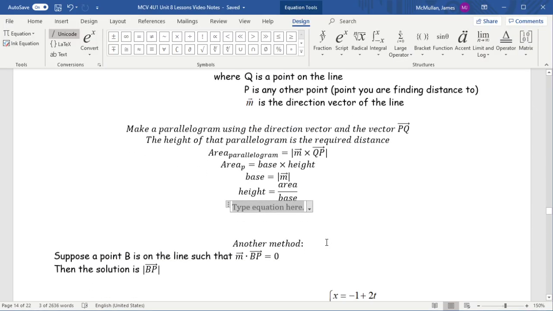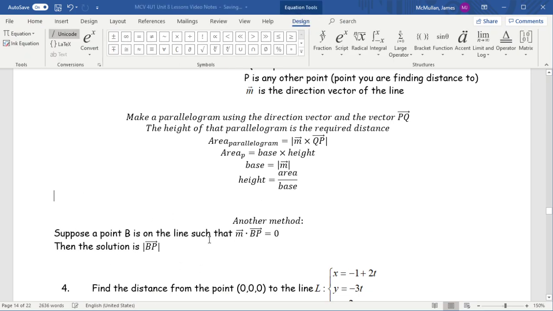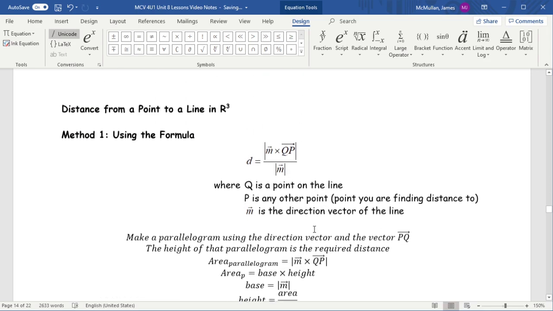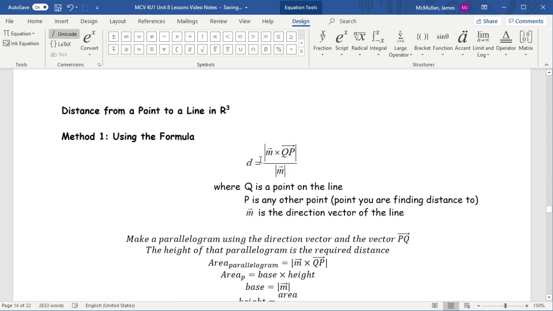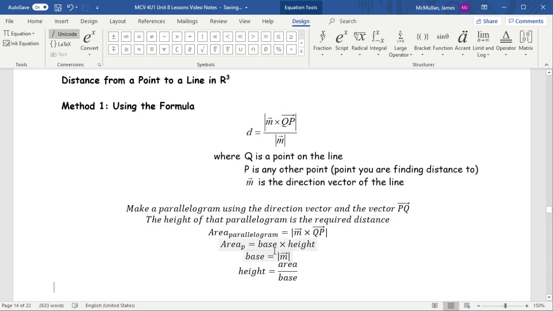There are other ways of doing it, you can use projections and other things, but the best way to do this is to understand this parallelogram method. The thing you want to know is the height of the parallelogram, but you know its area and its base, so you can work out its height by simply dividing the two.